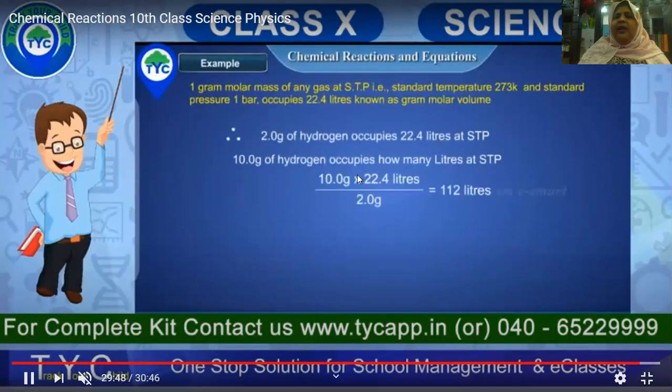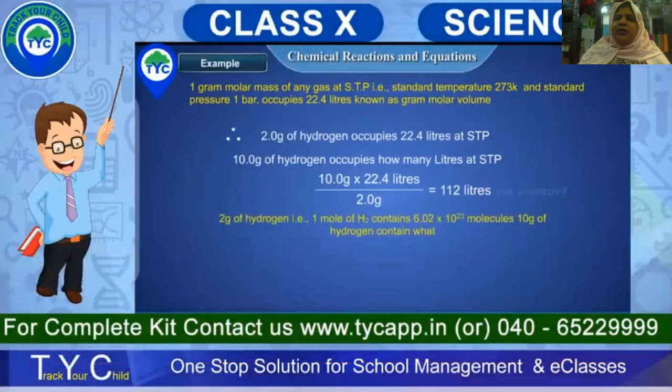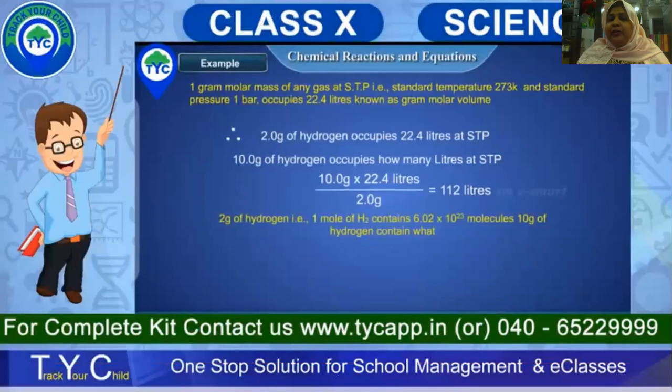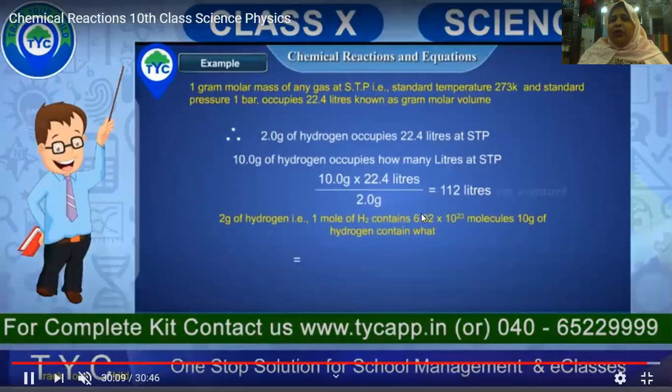If we have to calculate, we have to use this formula, and we could calculate and find out that 112 liters. So 2 grams of hydrogen, you have to multiply how many it will give rise to. So 1 mole of hydrogen contains 6.02 into 10 to the power of 23 molecules. 6.02 into 10 to the power of 23 is your standard molecular number that has been derived.